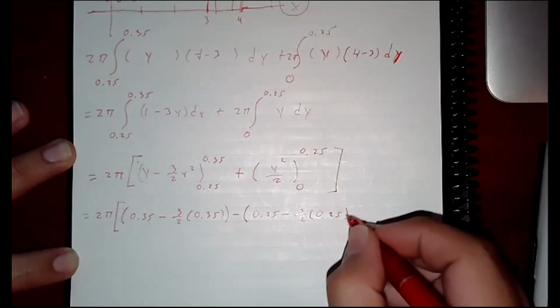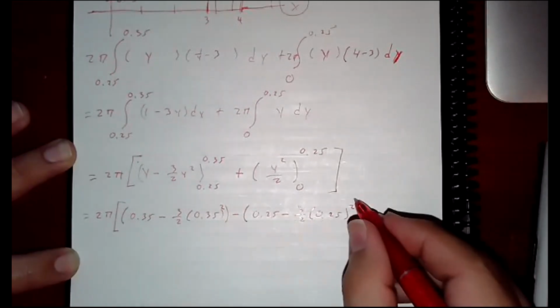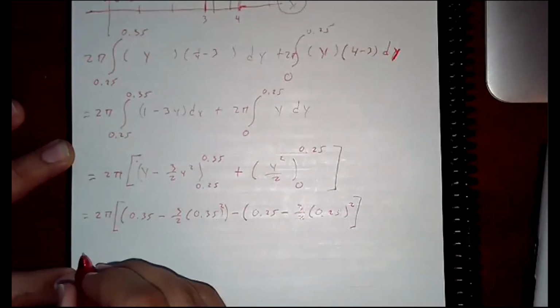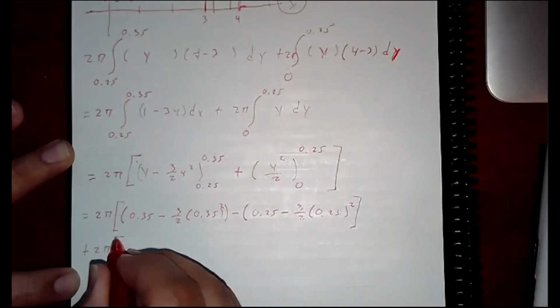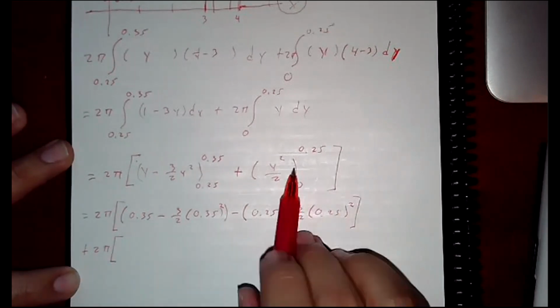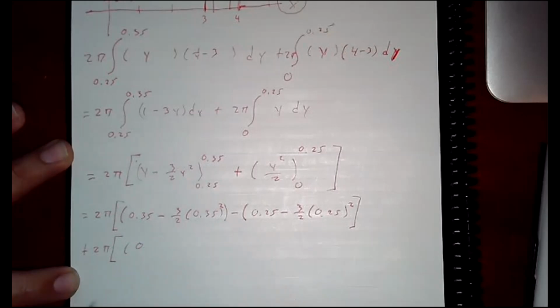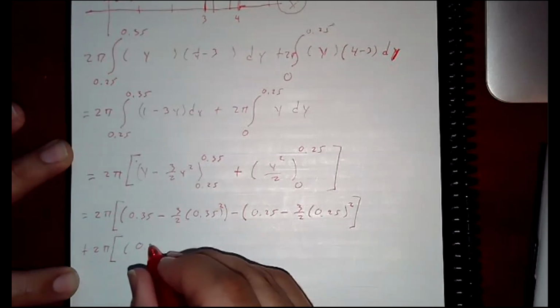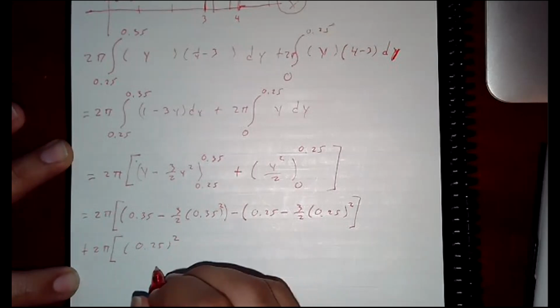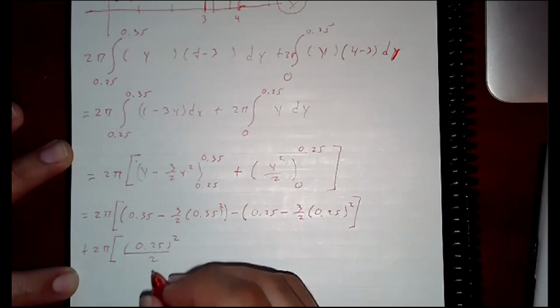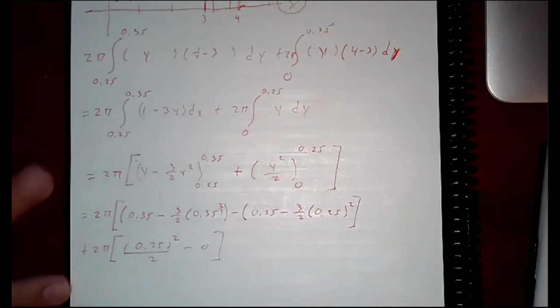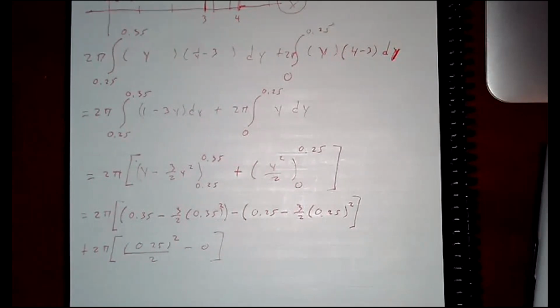Let's forget the square over there. I'm going to go ahead and add it over here just to try to be neat. Let's do this guy. That would be 0.25 squared over 2 minus 0. And that should give you 1/12 pi, I think, or something.